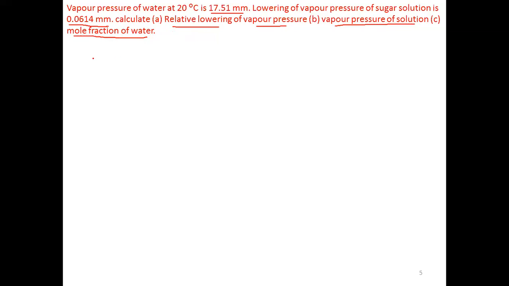So let us first see what is given. We are given the vapor pressure of pure water. We will denote it by P naught. It is 17.51 mmHg.